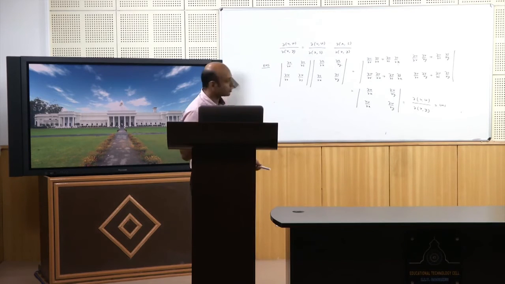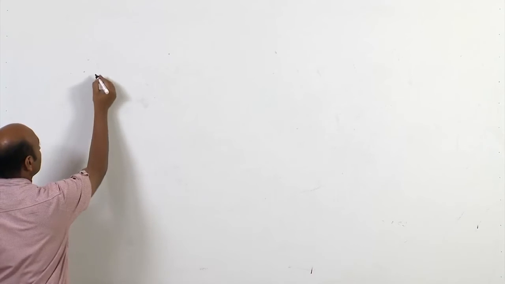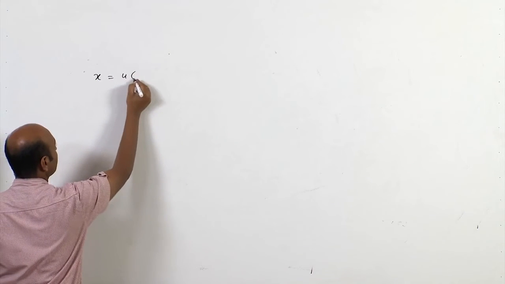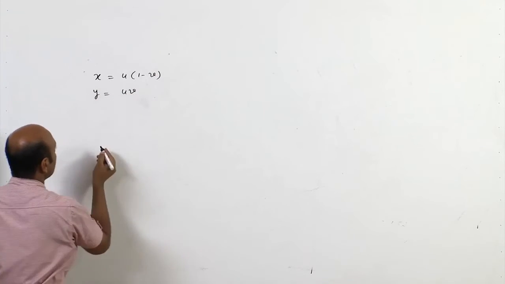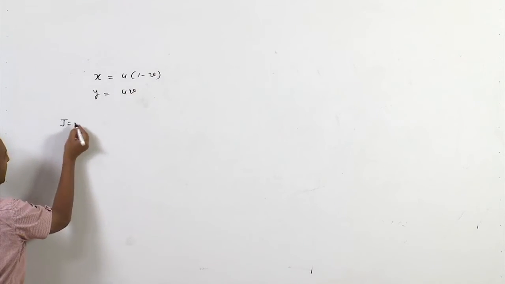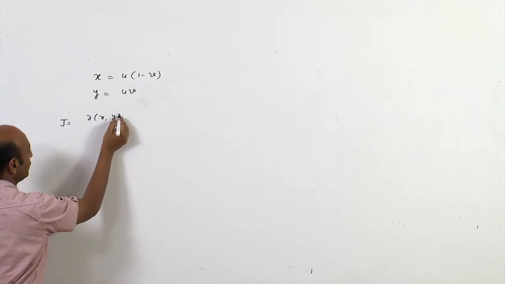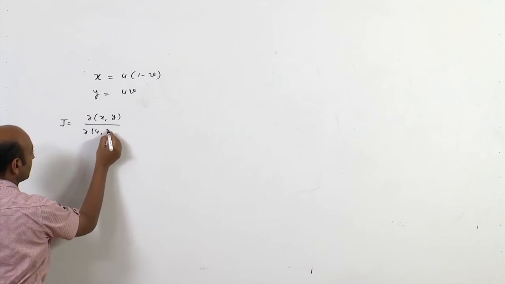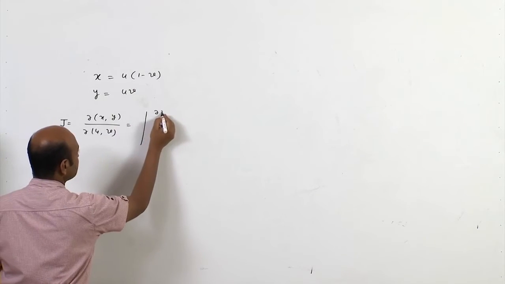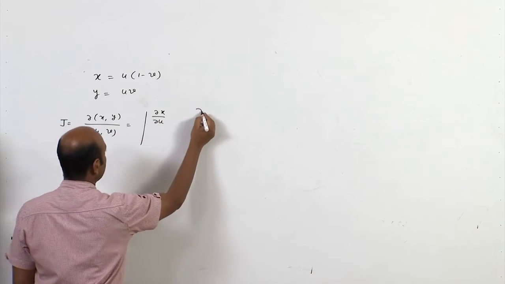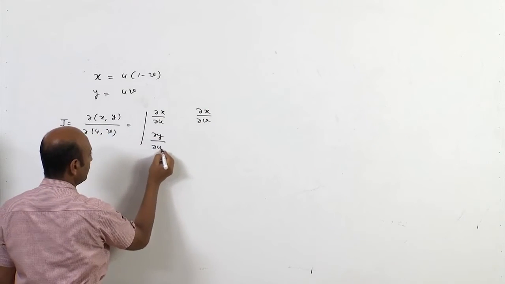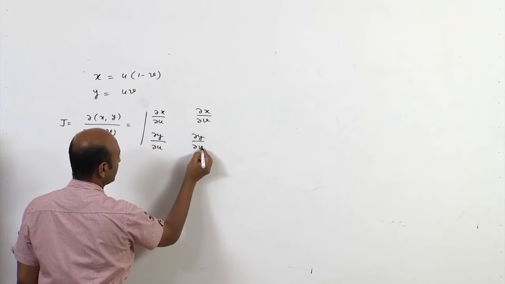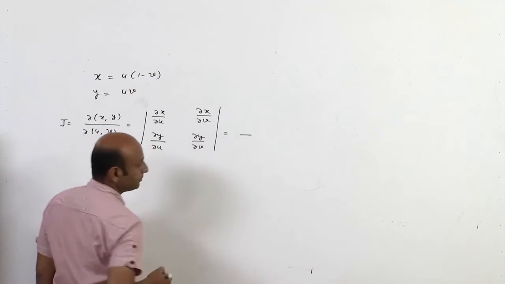Now, let us solve some problems based on this. The first property, we can easily verify. Here x and y are in terms of u and v. If you take j as del of xy upon del of uv, it is del x upon del u, del x upon del v, del y upon del u and del y upon del v. That we can easily compute.